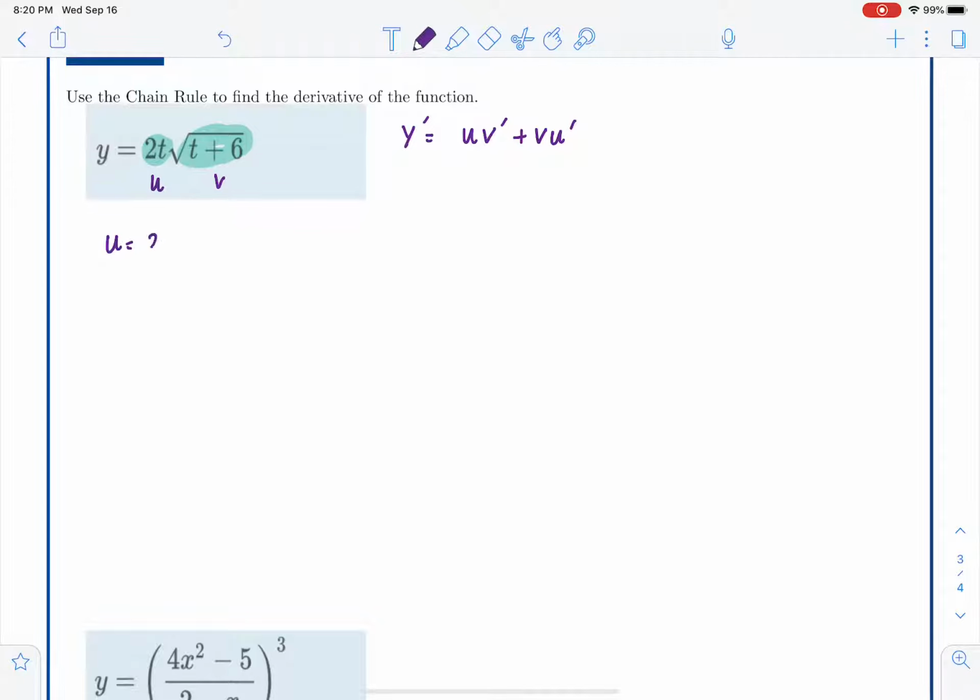U is 2t, v is square root of t plus 6. We can write square root of t plus 6 as (t plus 6) raised 1/2. Now u prime would simply be 2.